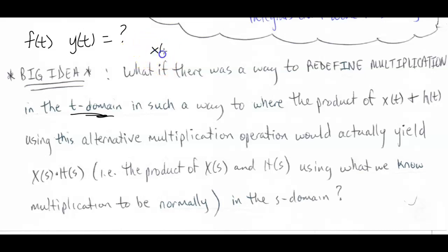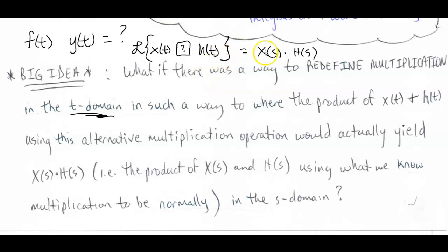If I had x of t, and then there is some operation I come up with, and then there's another one, h of t, if I took the Laplace transform of that after I figure out whatever this operation is, what would I have to define this to be in order for this result to be this, okay?